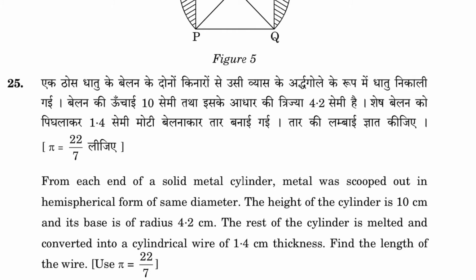Question number 25. This question says, from each end of the solid metal cylinder, okay, so this is my solid metal cylinder, the metal was scooped out in hemispherical form of the same diameter.